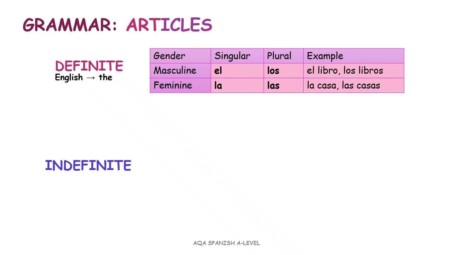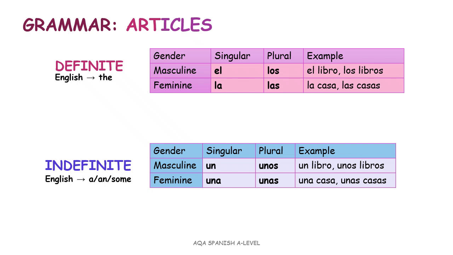Indefinite articles, on the other hand, refer to something non-specific or unknown. In English, it is a, an, or some. And Spanish, again, needs to agree in gender and number with the noun. Masculine singular would be un, masculine plural, some, would be unos, feminine singular would be una, feminine plural would be unas.